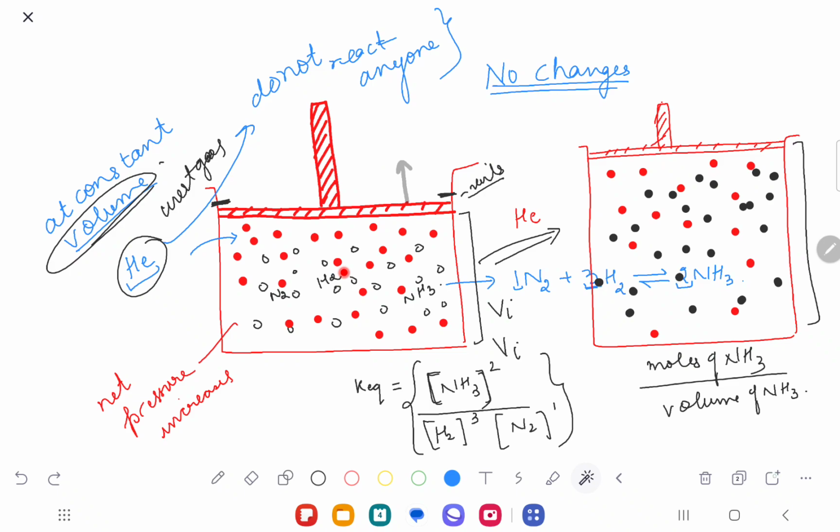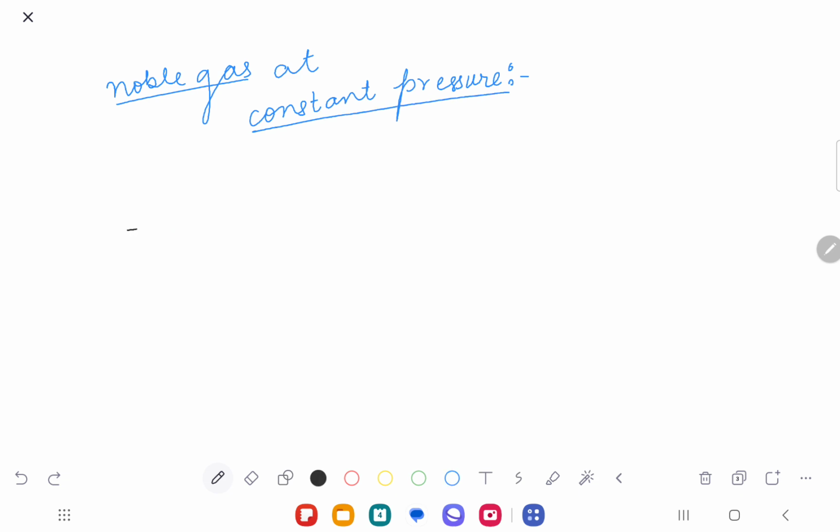But now, if I say I have added a noble gas at constant pressure, what do you mean by constant pressure? At constant pressure, I have this particular beaker with certain molecules of N2 and 3H2 to give me NH3.